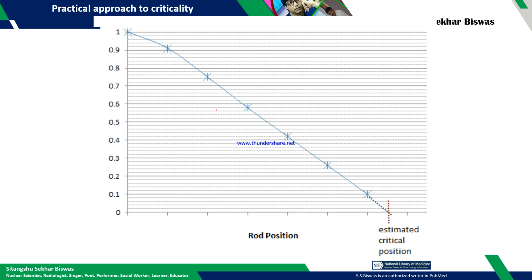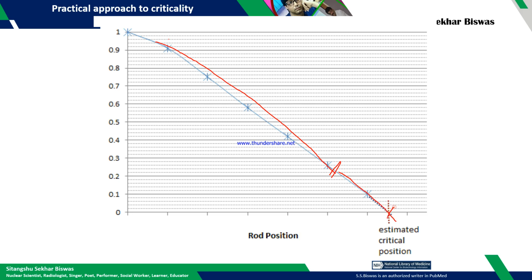In the same way, you plot this curve like this, and after a certain value you should restrict yourself from withdrawing the absorber rod further, and from here it is extrapolated.